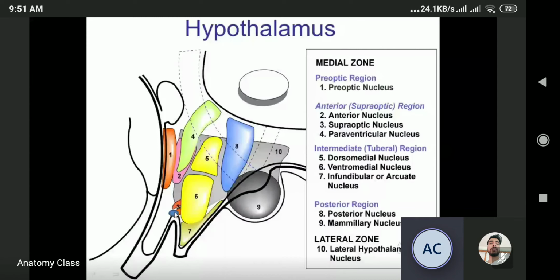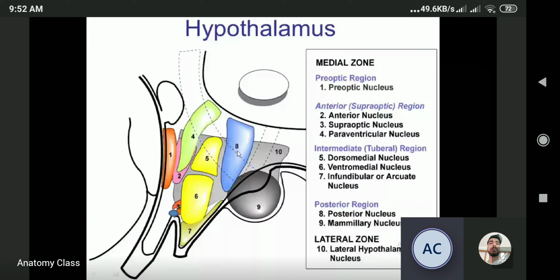Then the tuberal region, with the dorsomedial nucleus, ventromedial nucleus, and just above the tuber cinereum the arcuate or infundibular nucleus. This is the infundibulum, which forms the pituitary stalk. Finally, in the posterior or mammillary region, the nuclei are the posterior nucleus and mammillary nucleus.